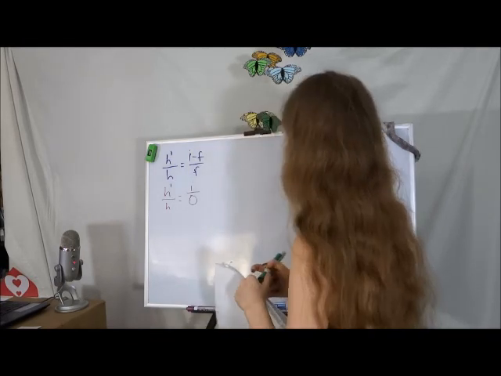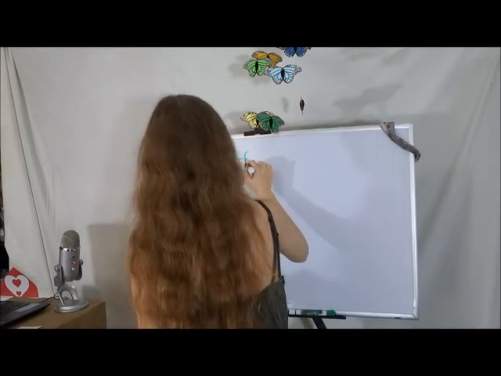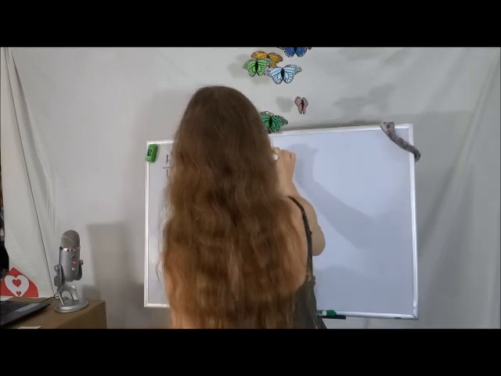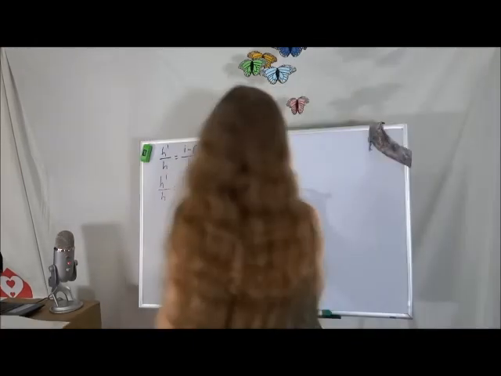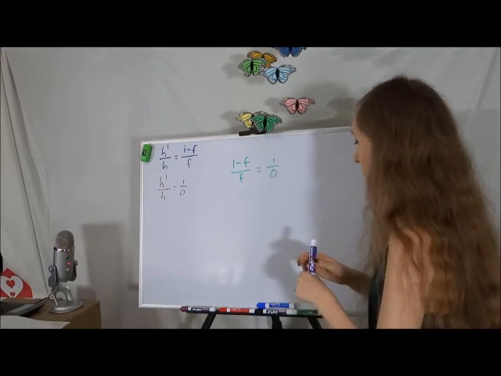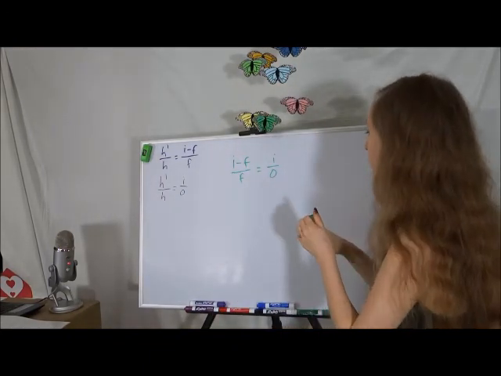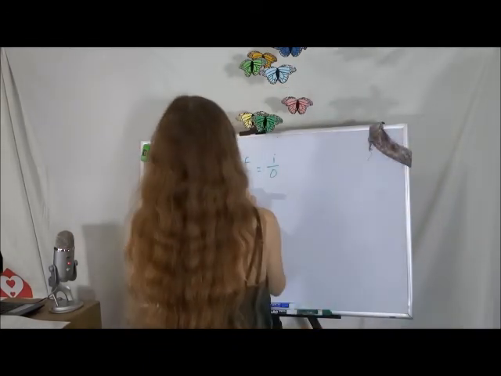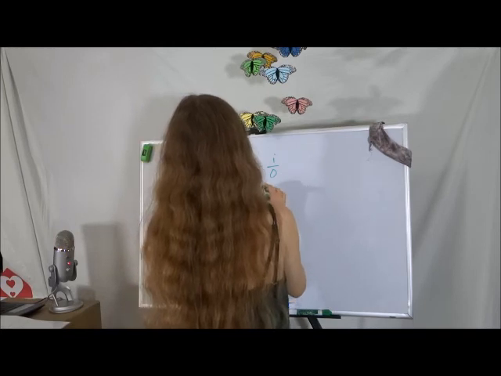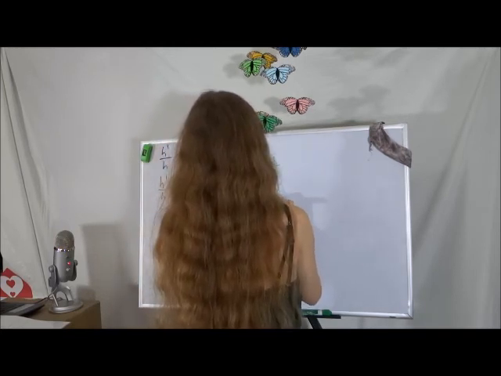So we're going to have I minus f over f is equal to I over O. We're going to divide both sides by I to get rid of the I in this numerator here. And so when we do that, we get that 1 over O is equal to I minus f over I f.